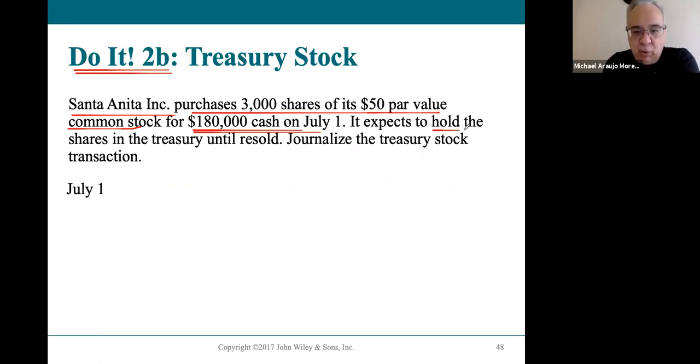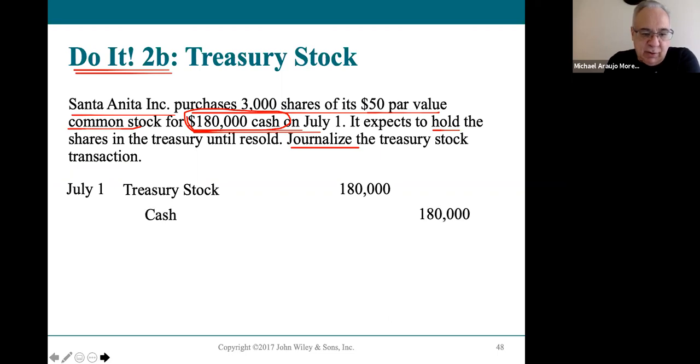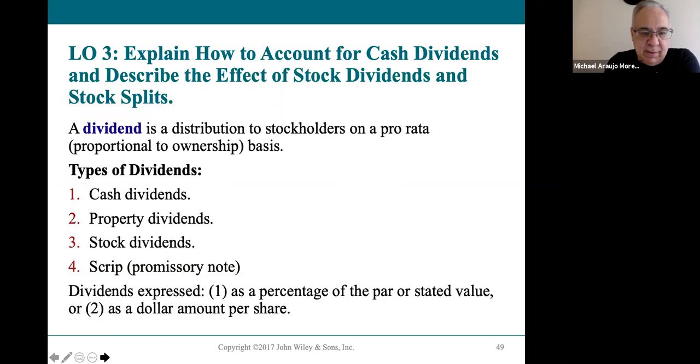It's expecting to hold that until a later date. So what's the journal entry? You would debit treasury stock for the amount of money they paid for it, $180,000. You would credit cash because you pay for it in cash. And that is it.